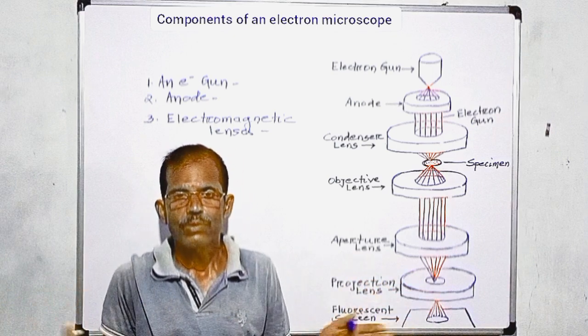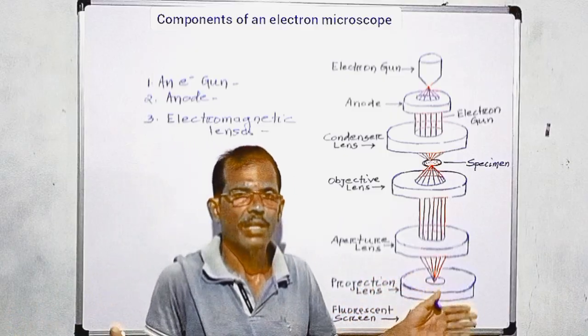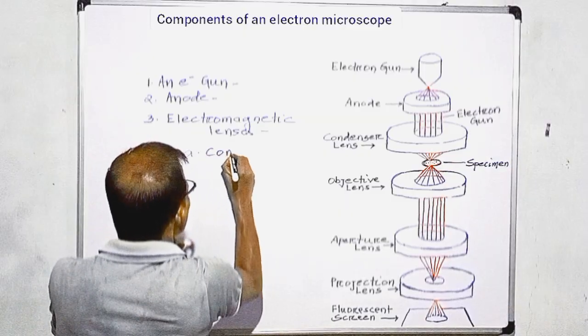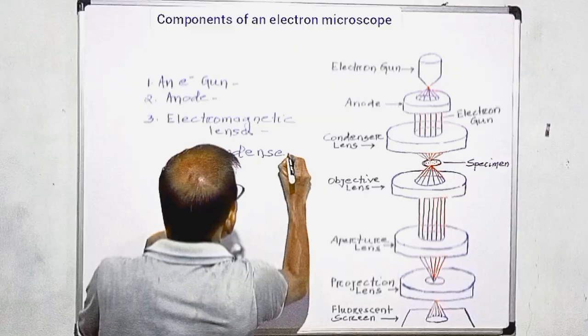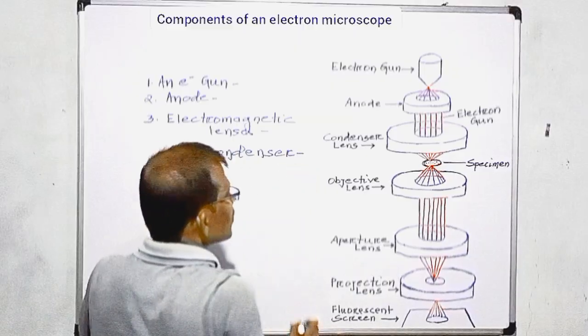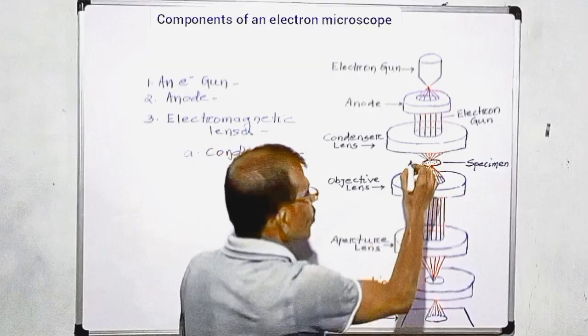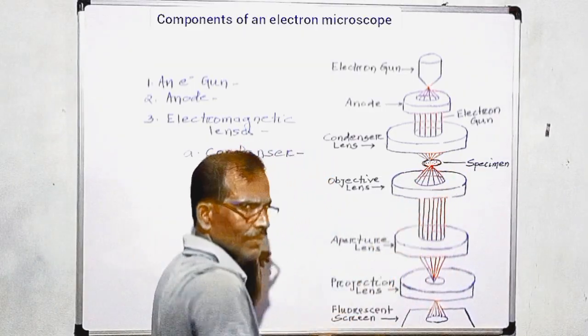In an electron microscope, three types of electromagnetic lenses are used. A, condenser lens. The electromagnetic condenser is used to focus the beam of electrons onto the specimen.